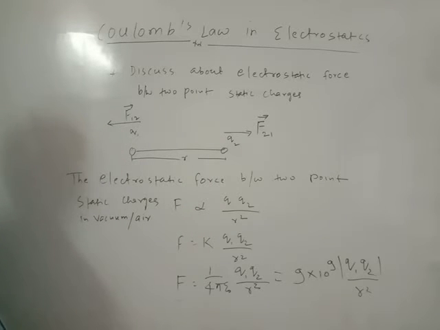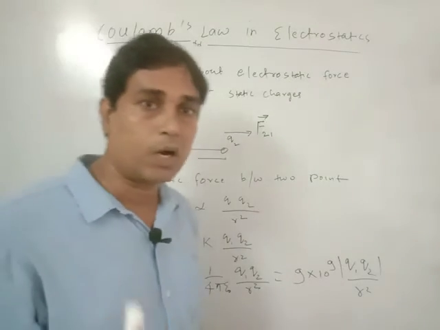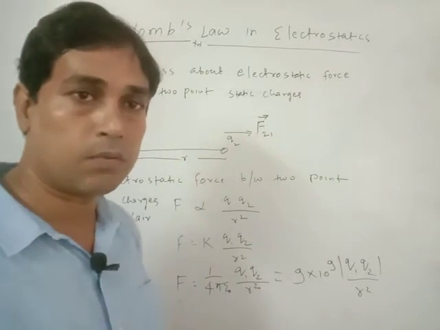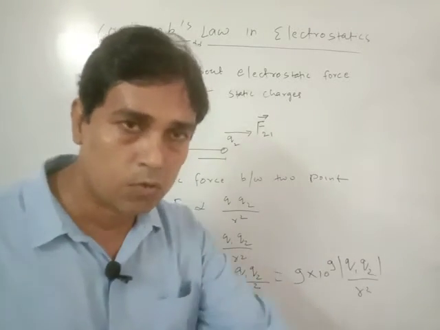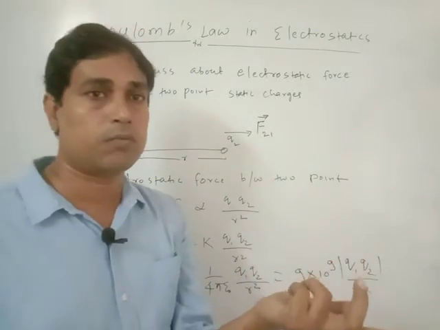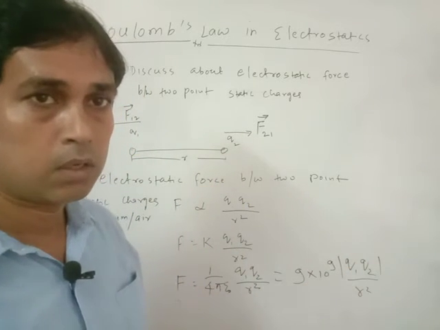Dear students, Coulomb's law is explained in vector form because force is a vector, and here the electrostatic force is also a vector. So we measure the electrostatic force with magnitude as well as direction.